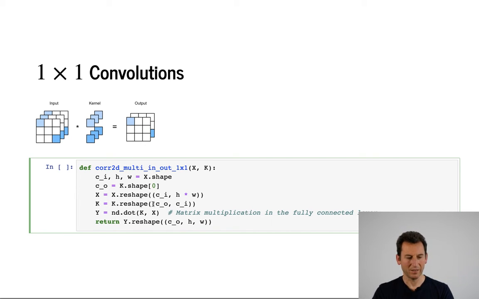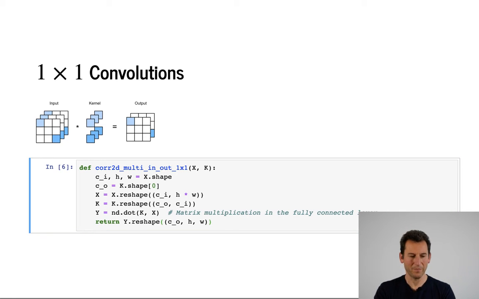Then I do the same thing for my kernel. It now becomes a matrix with output and input dimensions. I perform a matrix vector multiply, and in the end, I reshape it, and here's what we get. Mind you, I skipped the bias just because otherwise the code looks a little bit lazy.